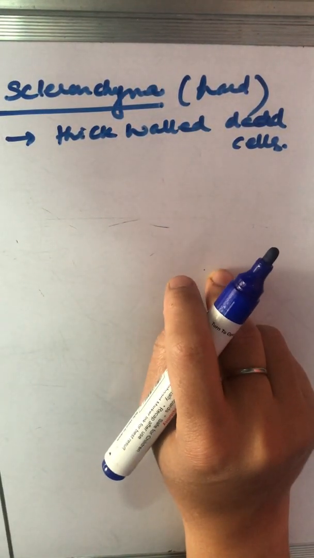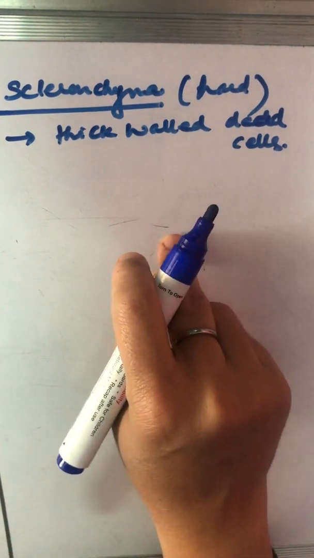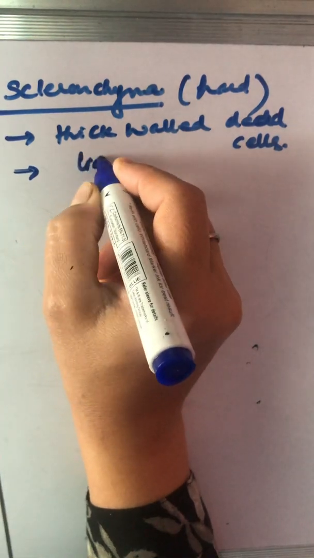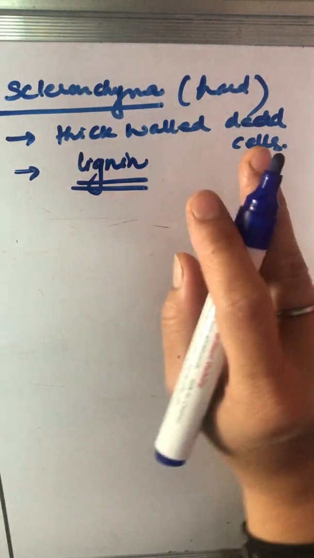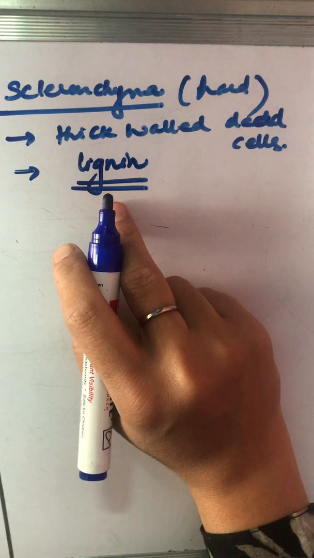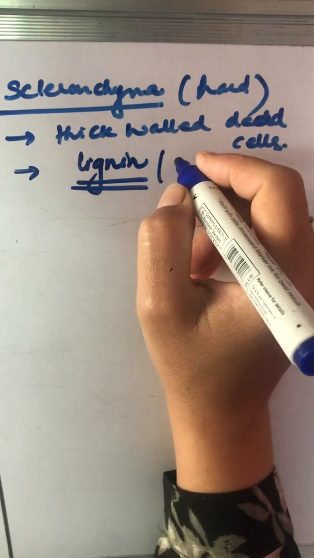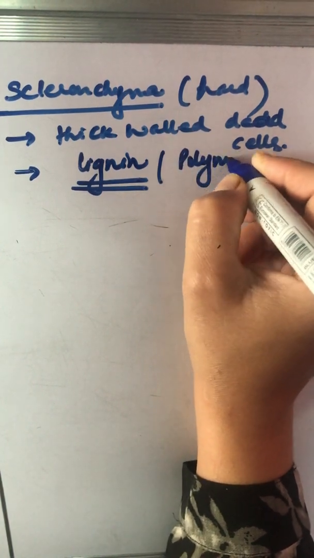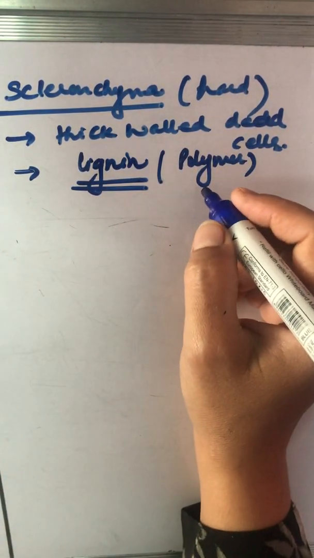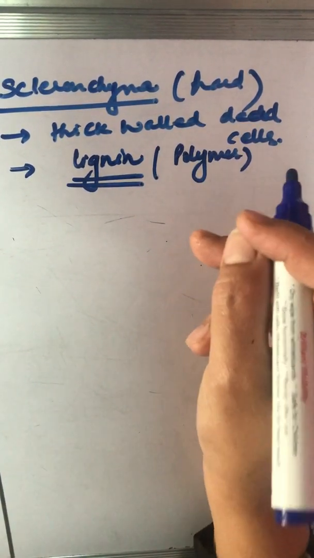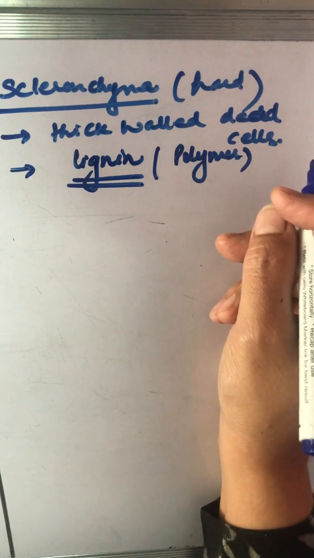Secondly, when the cells are quite hard and extremely thick, they form uniform deposition of lignin, another cementing material. We have done pectin, we have done cellulose, and this is lignin. I'll write what is lignin. It's a polymeric molecule or a polymer. These deposits are mainly present so that the wall becomes thick, rigid, strong and impermeable to water.